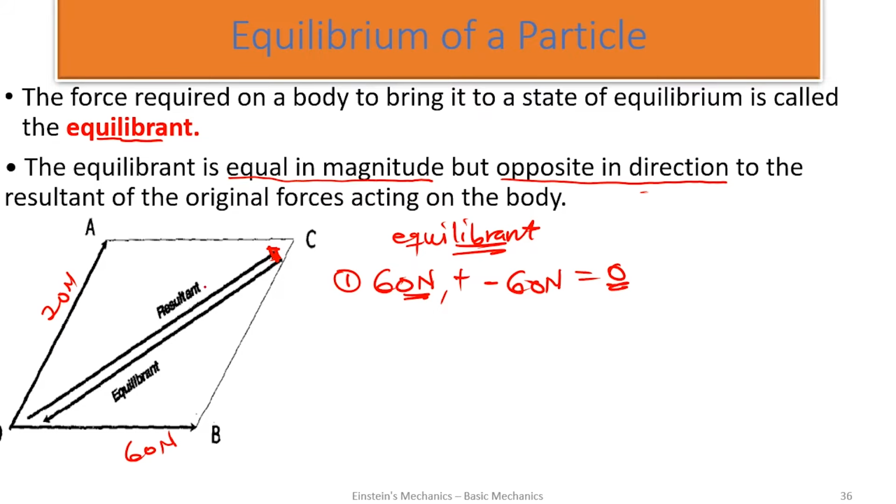And we want to keep this body in equilibrium. We have to bring an opposite but equal magnitude force to keep it in equilibrium. That's what we call the equilibrant. So this force will serve as equilibrant to bring this body into equilibrium.